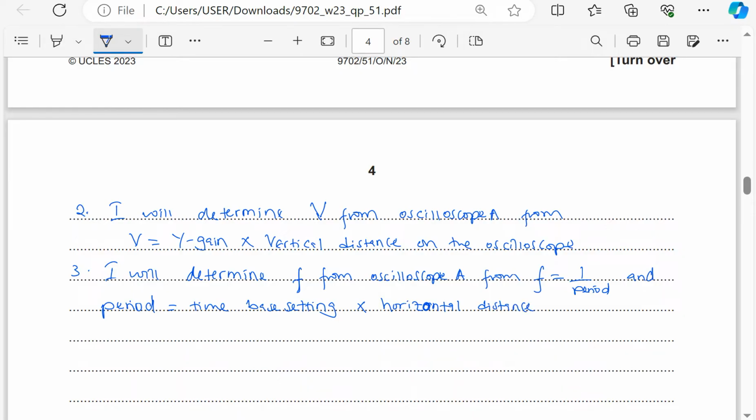This one you must have seen in AS waves. The period is the time base setting times the horizontal distance, and the amplitude, which is now the voltage V, is the Y gain or Y setting times the vertical distance. Then step number 4.